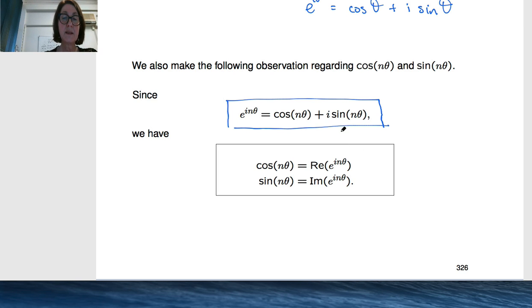If you think about this in terms of the real and imaginary parts, this is the real part of the complex number and this is the imaginary part. So that's what we've got here. Cos n theta is the real part of e to the i n theta and sine n theta is the imaginary part of e to the i n theta.